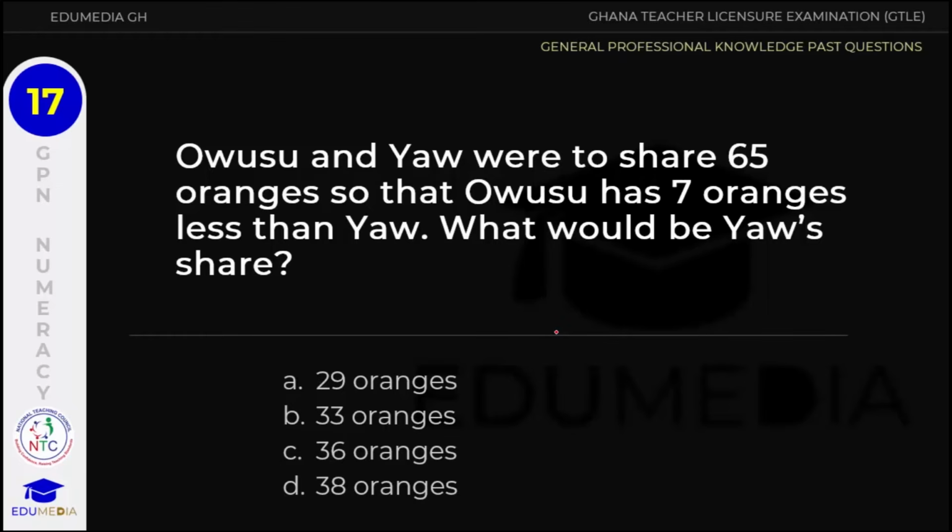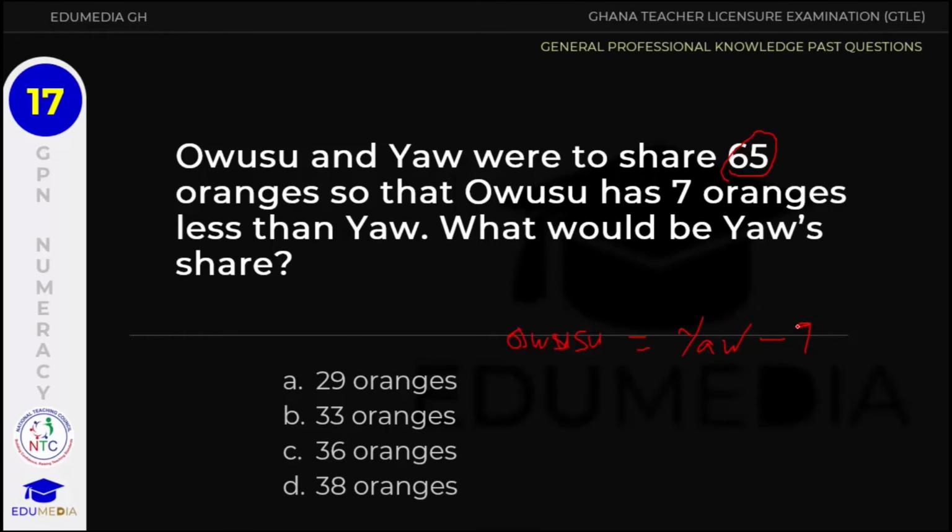The total number of oranges that they're going to share is 65, that is stated here. Owusu is supposed to have 7 oranges less than Yao. So, first of all, let's look for what Owusu is supposed to get. Owusu will get what Yao is getting, except that we'll take 7 oranges out from that.